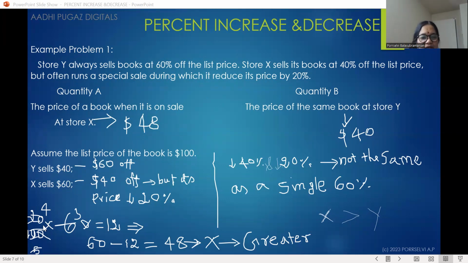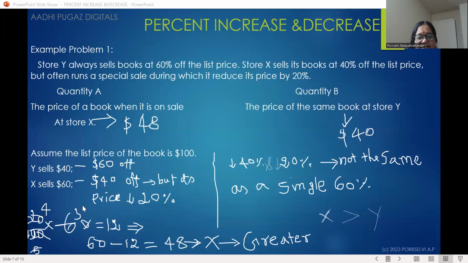So we need to calculate 20% of 60, how much? 20 divided by 100 multiplied by 60, if you simplify this, we get $12. So it's giving $12 off, 20% of 60. So how much is store X actually selling for? 60 minus 12, $48.